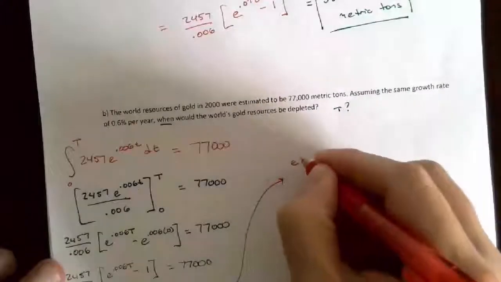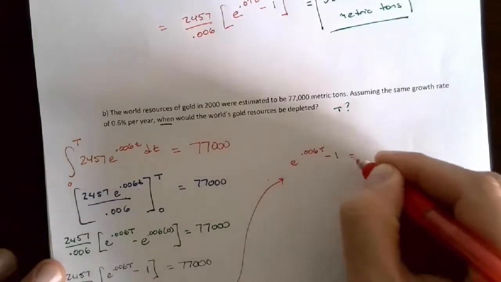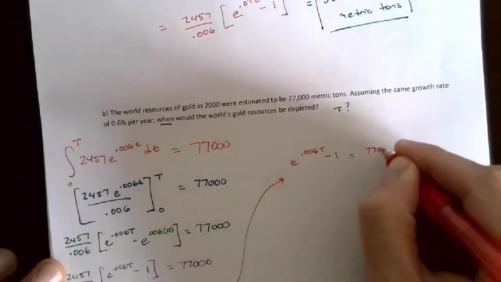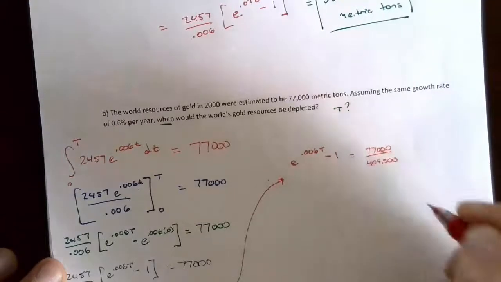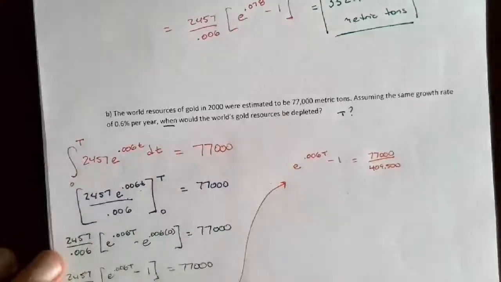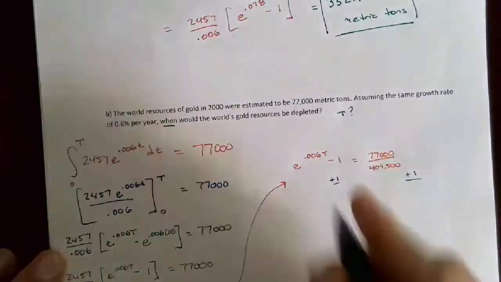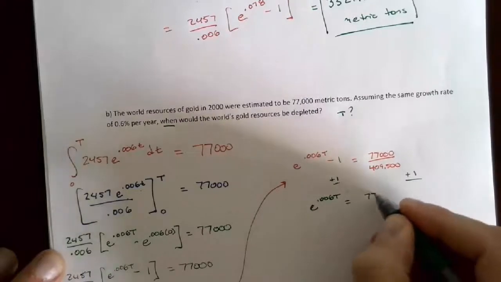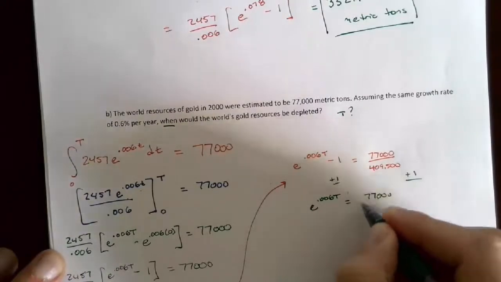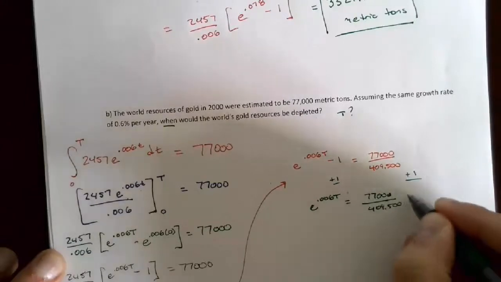This gives us e to the 0.006 capital T minus 1 equals, I'll leave this as 77,000 over 409,500 for now. And now, to isolate the exponential, I'm going to add 1 to each side. So I have e to the 0.006 capital T equals 77,000 over 409,500 plus 1.